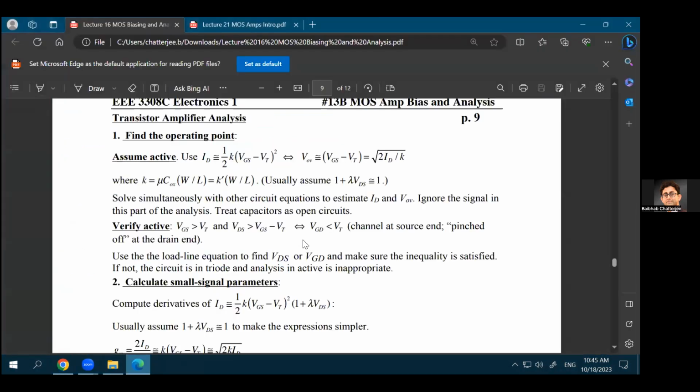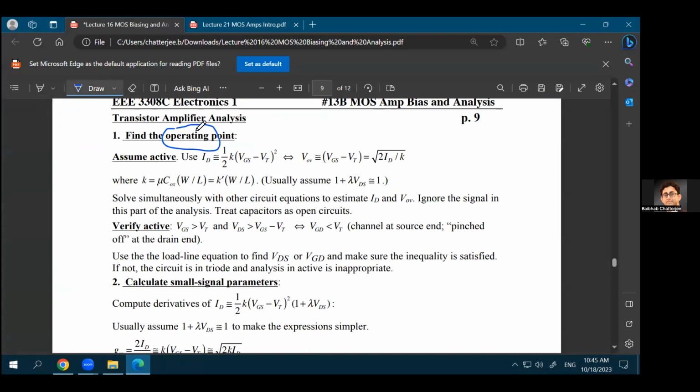Okay. And all the details are posted in this particular PDF document. All right. Now, coming back to what we had been discussing in the previous few lectures, how to solve transistor-based amplifiers. First of all, you have to find the operating point, the DC operating point of your operation of the MOSFET.